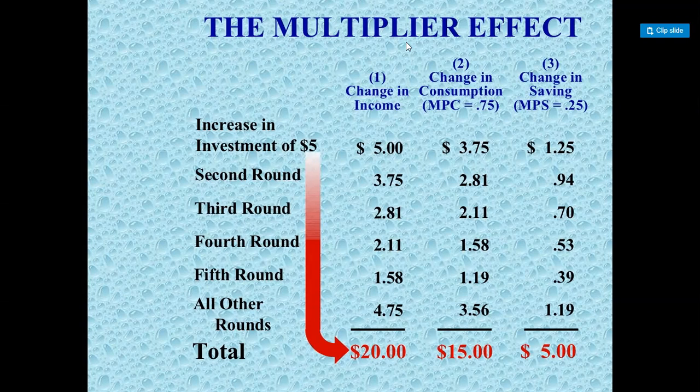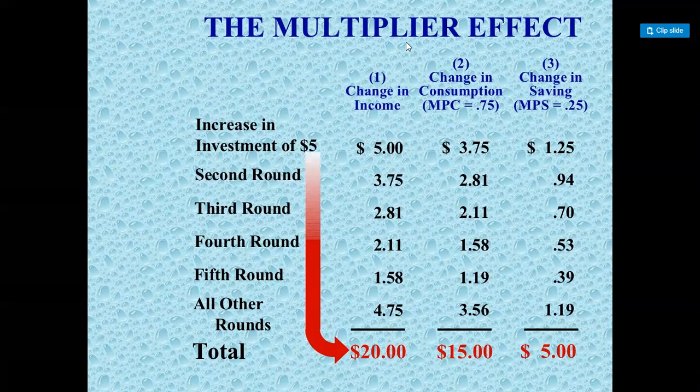But it is not the end of the story. If the MPC is assumed to be 0.75, then the recipients of the additional income will spend 75% of the initial investment, and the remaining amount will be saved. It will increase the income in the second round.